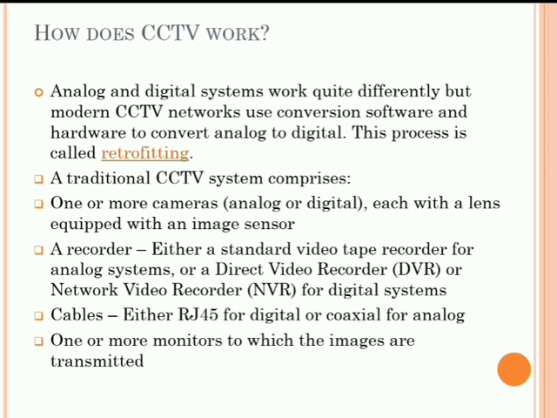A traditional CCTV system comprises one or more cameras, analog or digital, each with a lens equipped with an image sensor, and a recorder, that is either a standard video tape recorder for analog systems or a digital video recorder, DVR, or network video recorder, NVR, for digital systems. The cables are either RJ45 for digital or coaxial cable for analog. One or more monitors to which the images are transmitted are also needed for the installation of CCTV.